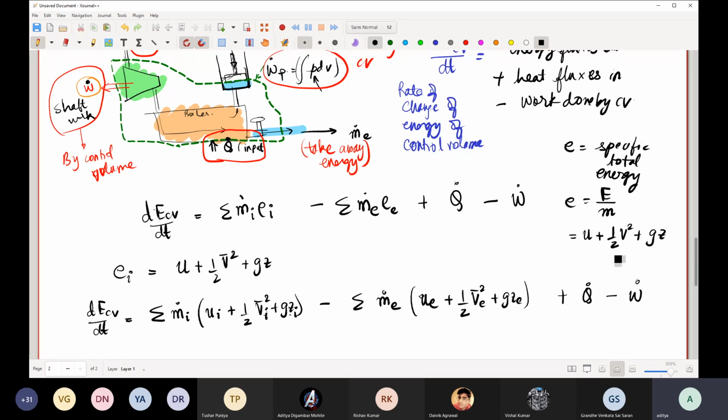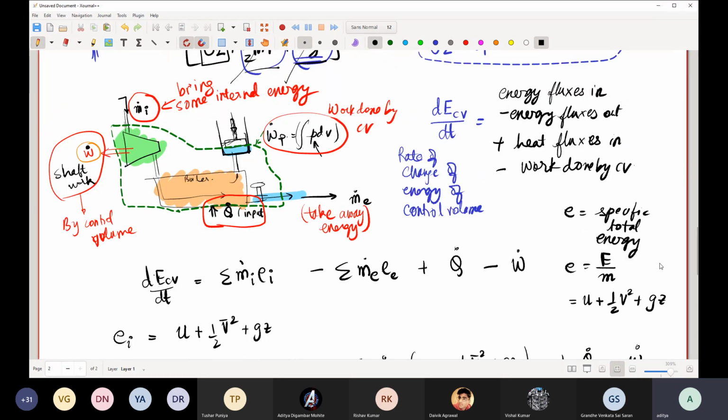Now here is a very subtle part. This work done, what kind of contributions does the work done have? We have already seen it consists of any boundary work, and we have already seen it consists of any kind of shaft work. But there is something else that we are missing.